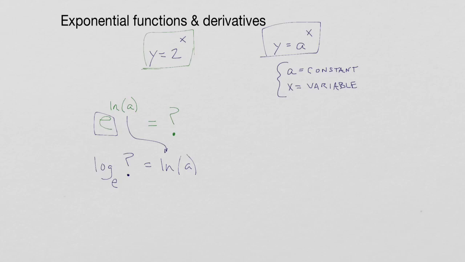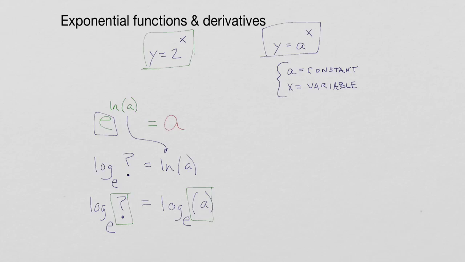And if we remember that the natural log of a is log base e of a, then what I'm doing is I'm comparing log base e of question mark to log base e of a, and obviously question mark and a have to be the same thing. For this equation to be true, a is equal to question mark. So I can go back up here and say that e to the power of the natural log of a is equal to a. It is as if this e and this natural log cancel each other out.